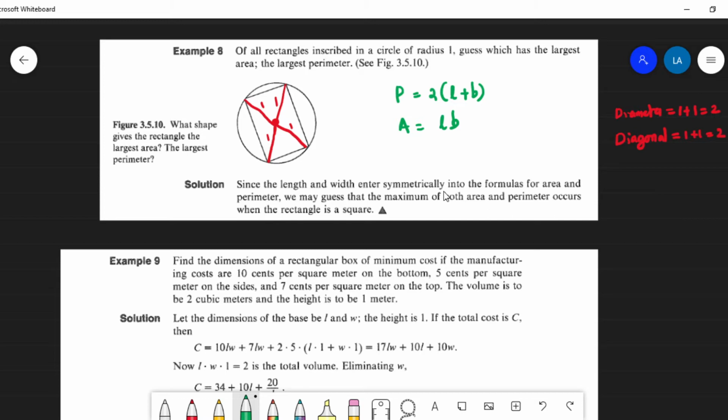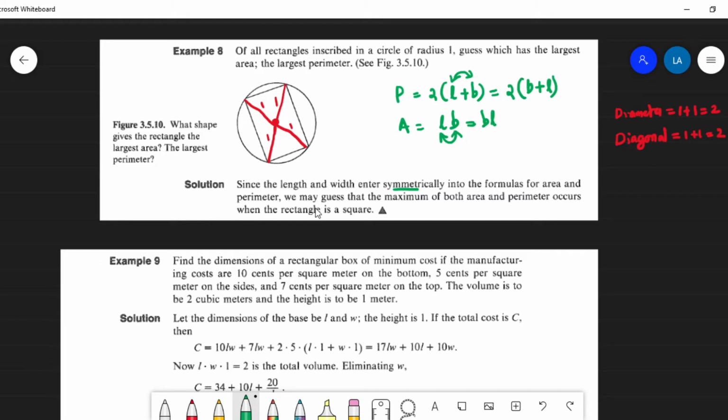If we interchange length and breadth, you get 2 into b plus l, which is the same as 2 into l plus b. Similarly, you get b into l, which is the same as the area. So length and width enter symmetrically into the formulas for area and perimeter.